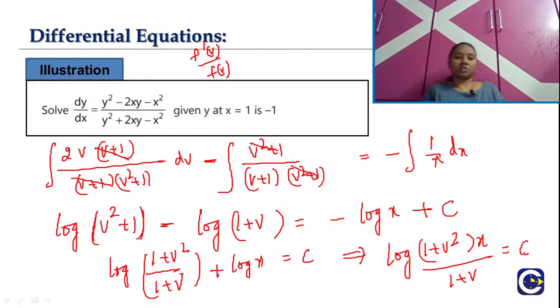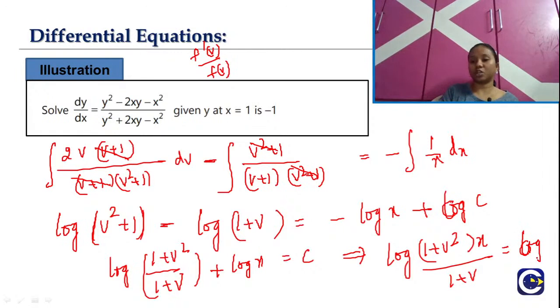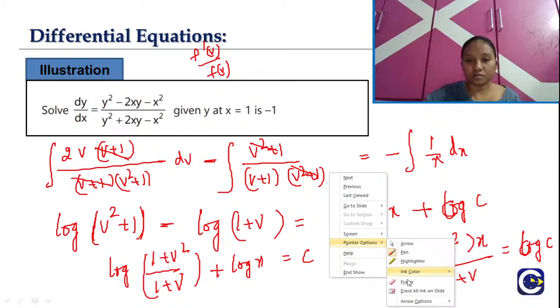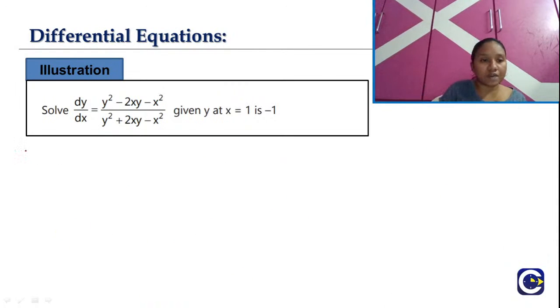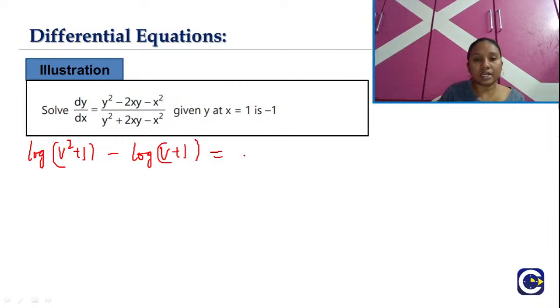Right. So this constant c, as I mentioned in the previous question, can also be written as log c, in order to cancel the log on both sides of the equation. So initially we have the expression log v square plus 1 minus log v plus 1, and on the other side it is minus log x plus constant c.